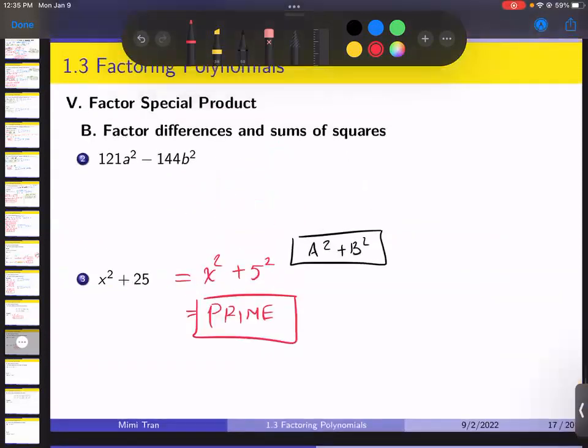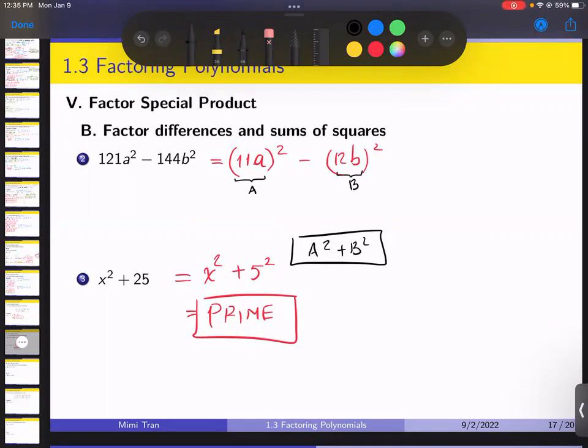Anyone for 2? Go ahead. Very good. So let me do step 121. You square root that will be 11a quantity squared minus 12b quantity squared. That's your a. And that's your b.